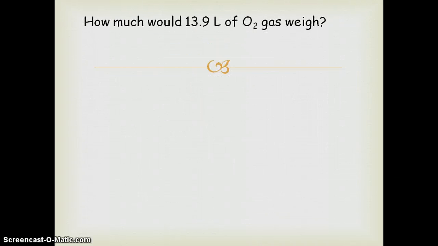Okay. So for an actual example, we're going to throw in a number here. We're going to throw in 13.9 liters. So how much would 13.9 liters of oxygen gas weigh? The first step is that we want to take what we have and, of course, convert that to moles.